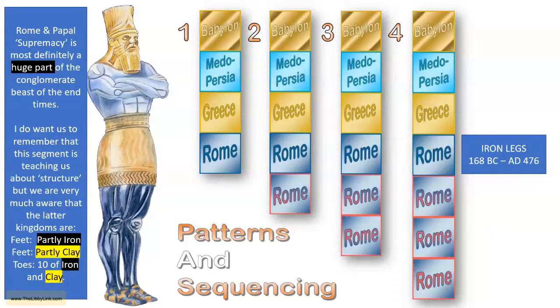I do want us to remember that, again, this section is teaching us about structure, but we are very much aware that the latter kingdoms are partly iron in the feet, partly clay in the feet, and the 10 toes are a mixture of iron and clay. In the date range for the legs of iron, we have the dates from 168 BC to AD 476.